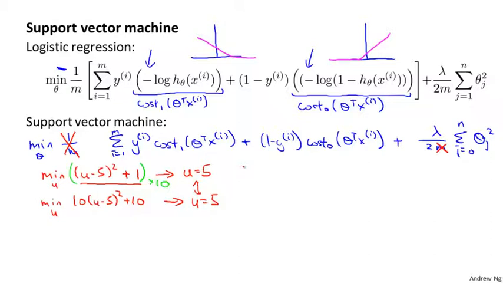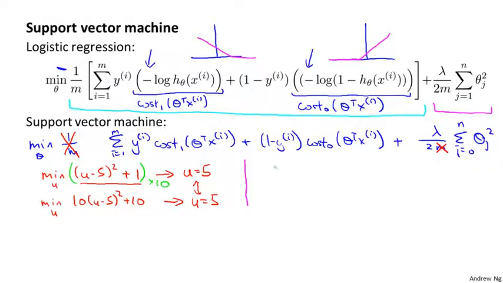The second notational change, again the more standard convention when using SVMs instead of logistic regression, is the following. For logistic regression, we had two terms in the objective function. The first is the cost that comes from the training set, and the second is the regularization term.